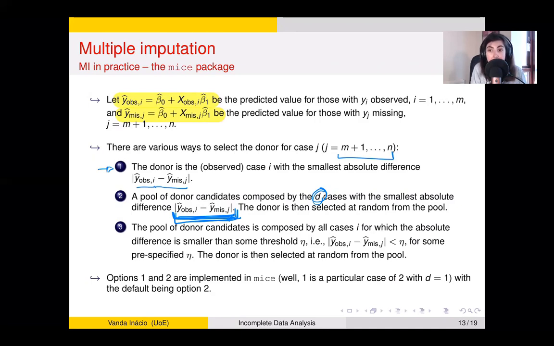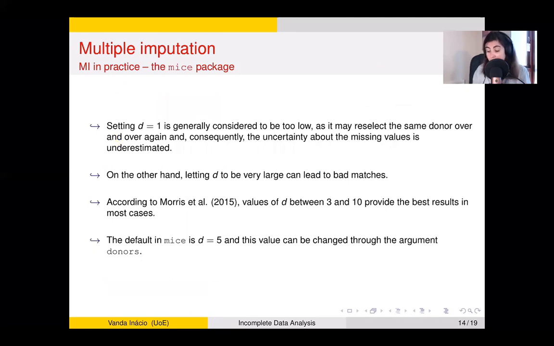There is also an argument to say how many donors we want for our pool of candidates. The default in mice for d is 5. So we have a pool of 5 donors and then we select one of them at random.